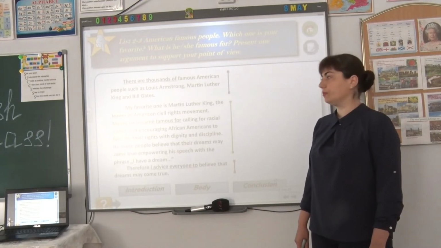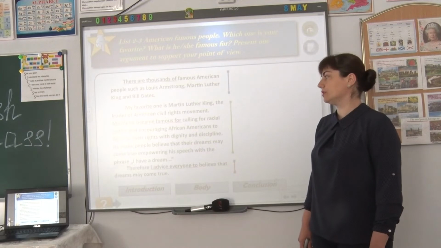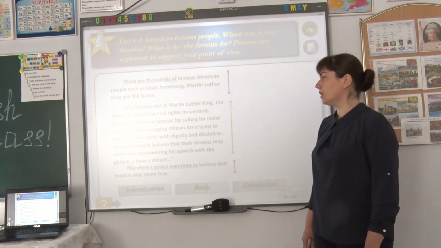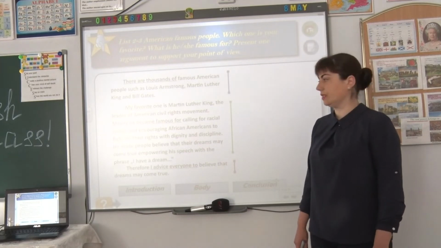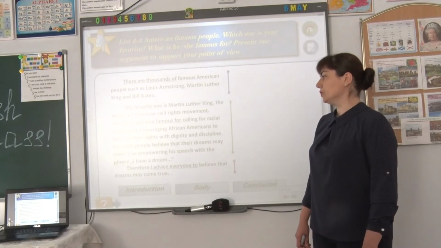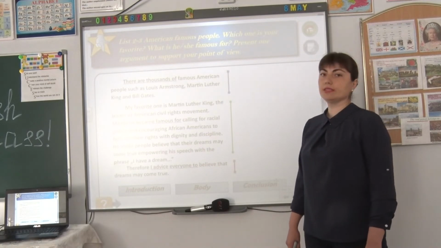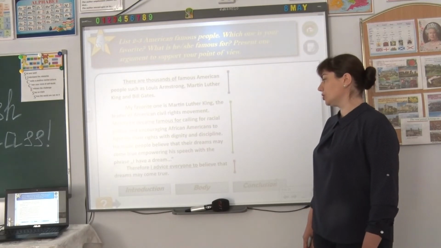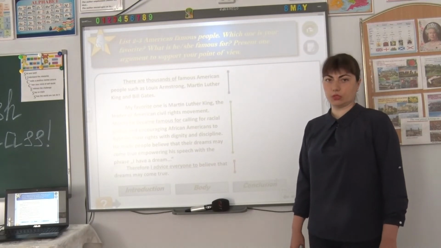Mainly, he became famous for calling for racial justice and encouraging African Americans to fight for their rights with dignity and discipline. He made people believe that their dreams may come true, empowering his speech with the phrase, "I have a dream." Therefore, I advise everyone to believe that dreams may come true.